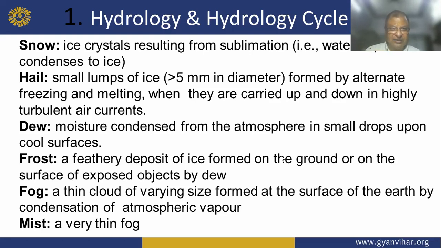Now hail: small lumps of ice less than 5 mm in diameter, formed by the alternate freezing and melting when they are carried up and down in highly turbulent air currents.